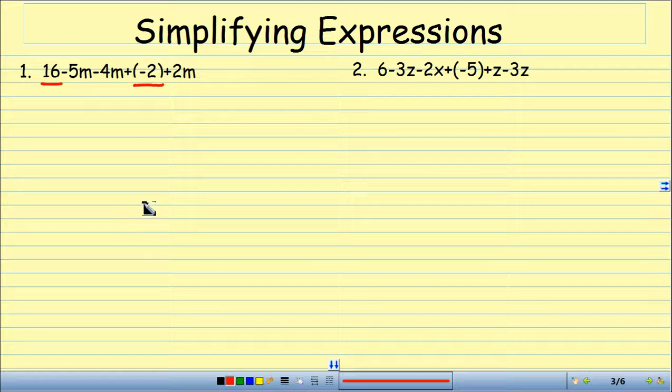A number, no variable. So I have 16 and I have plus a negative 2. Well, 16 plus a negative 2, I can simplify that. That's going to end up being, in this case, 14. 16 plus a negative 2. And then I'm going to just cancel these out. I don't need them anymore. And I'm going to go to the next term.